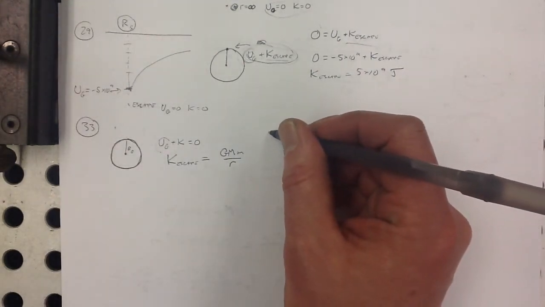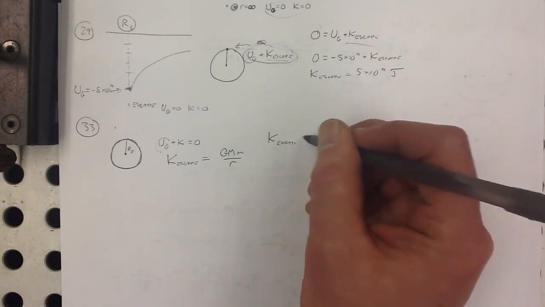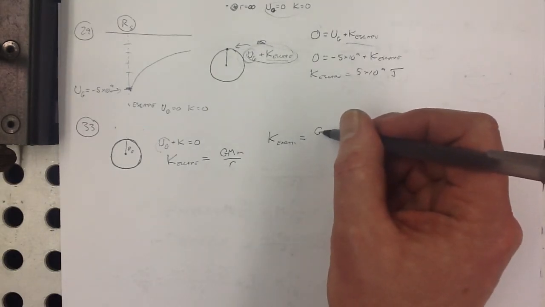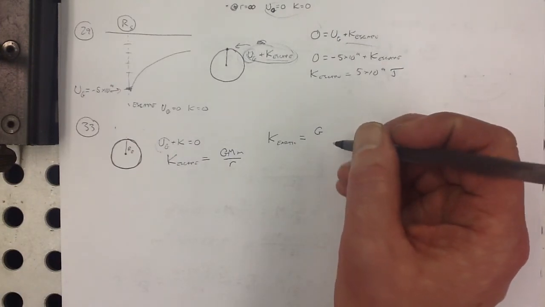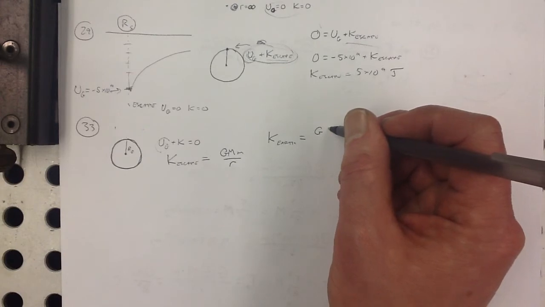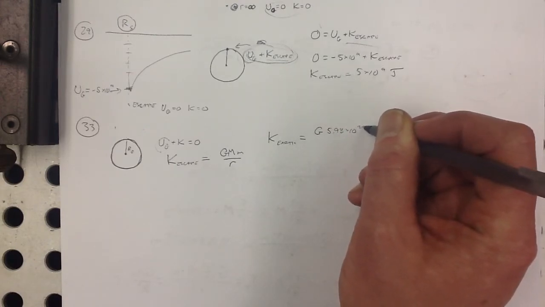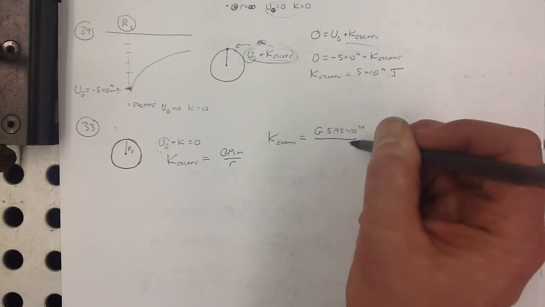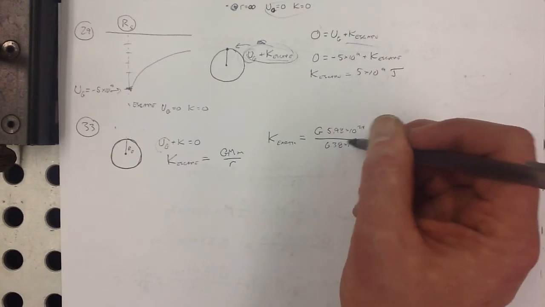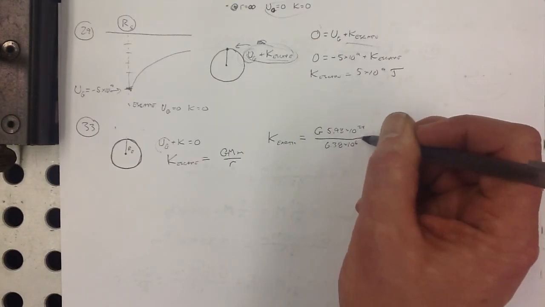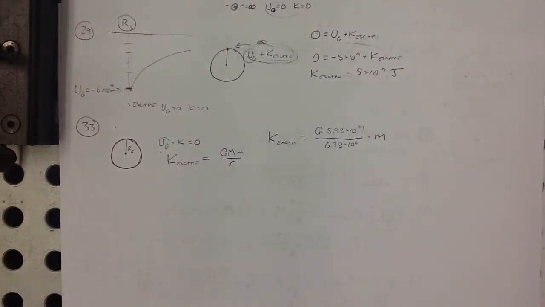So the escape energy for the Earth is equal to G times the mass of the Earth, which is 5.98 times 10 to the 24th over the radius of the Earth, 6.38 times, or 37, whatever, I don't remember what they give in our book, one of those, times the mass, whatever mass we're launching up there.